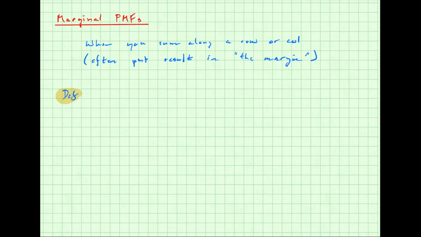Okay, so again, we're going to introduce our two variables. Let X and Y be discrete random variables with a joint PMF, f of x and y.